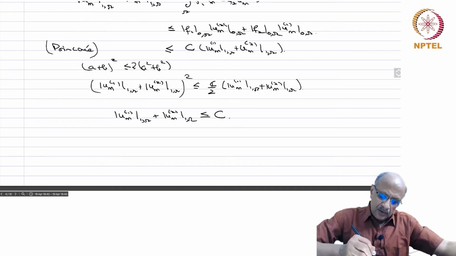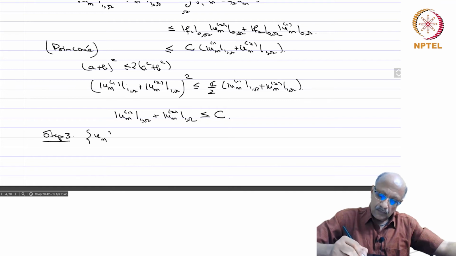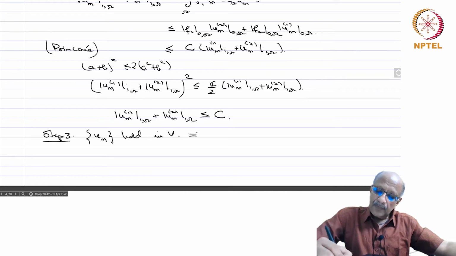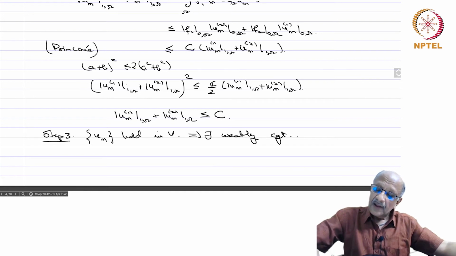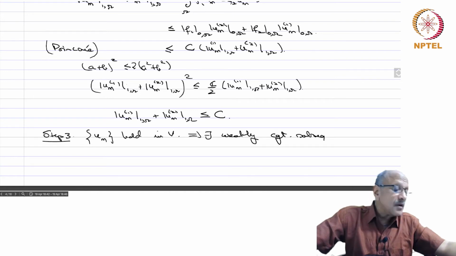So, now step 3. u_m bounded in V implies there exists a weakly convergent subsequence.